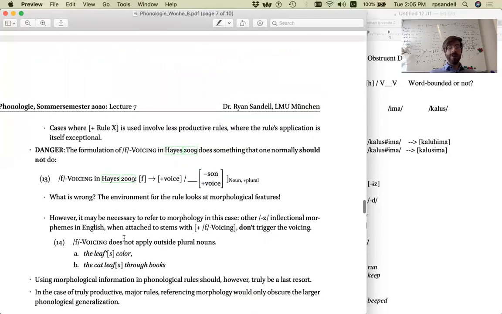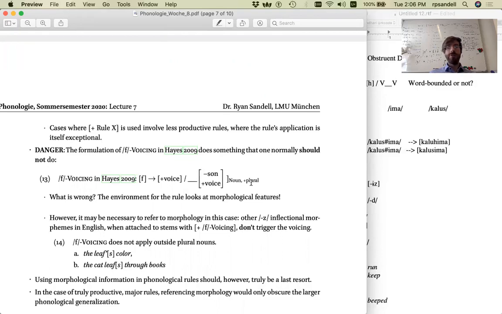Before coming to our last topic for today, I want to point something out about how the rule of F voicing is formulated in the textbook, which is something we usually want to avoid. In the formulation of the textbook, the rule explicitly refers to morphological information, saying that this process applies at the edge of a nominal stem when the word which has been built has the morphosyntactic feature plus plural.